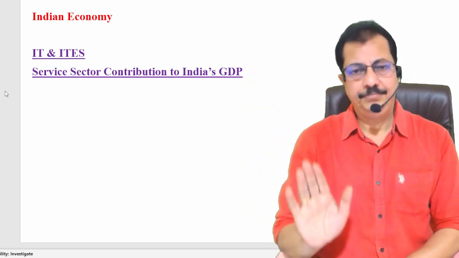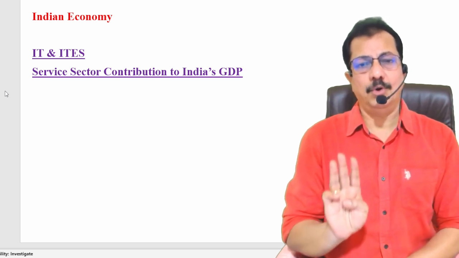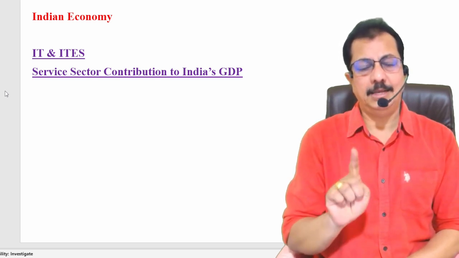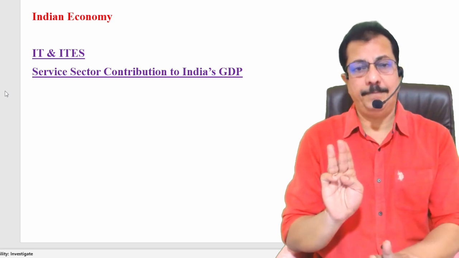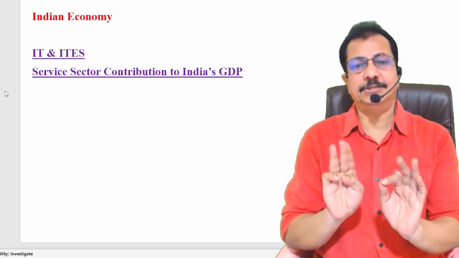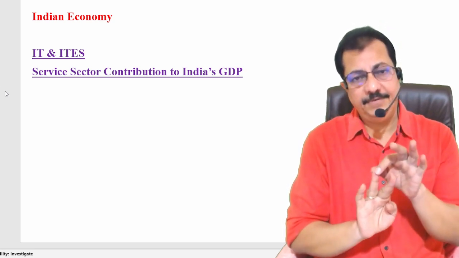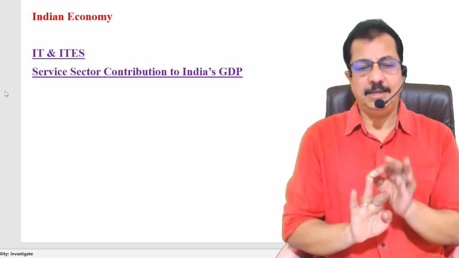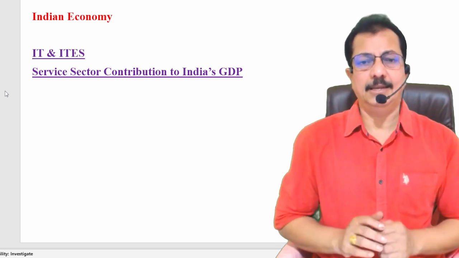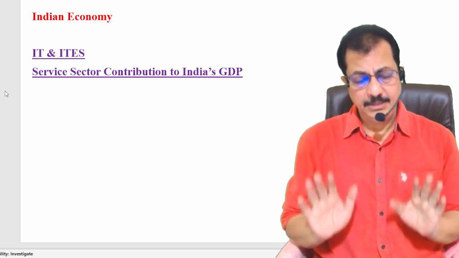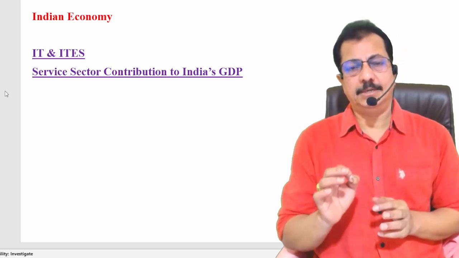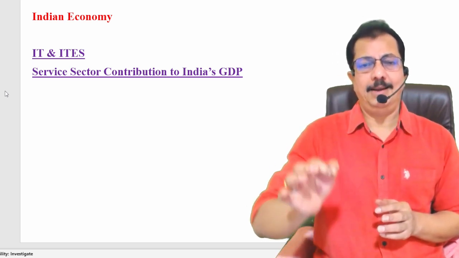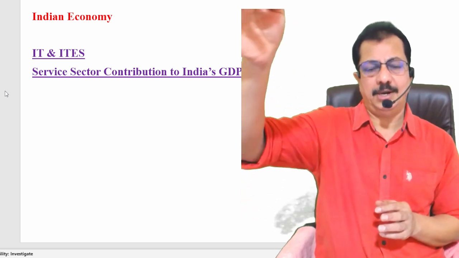We know that under the Indian economy we have three sectors: agriculture, industry and service sector. Today's topic, IT and ITES, falls under the service sector, that is nothing but the tertiary sector under the Indian economy. Number two, every subsector is associated and attached to one ministry or the other.